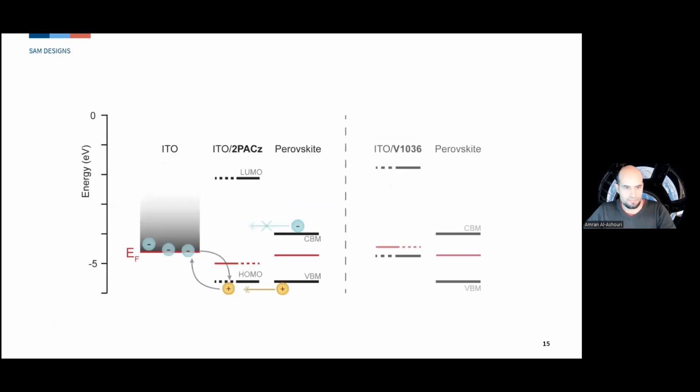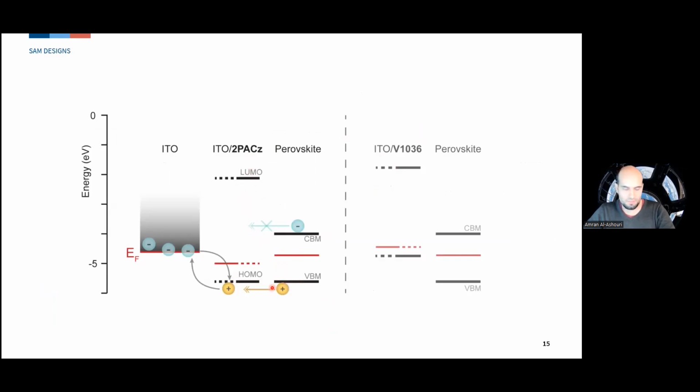Okay, but now with this disclaimer, let's go back to the simple picture. Experimentally, the trends in these simple pictures are still in line. And then in the simple picture, the main difference between 2-PACz and V1036 is that 2-PACz has probably a higher selectivity, right?